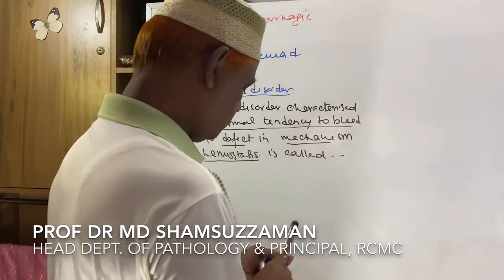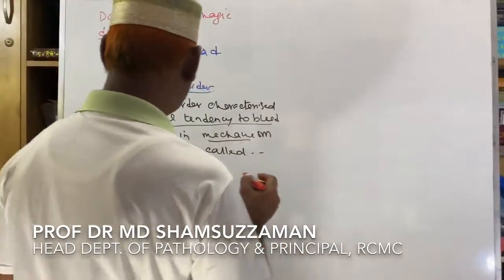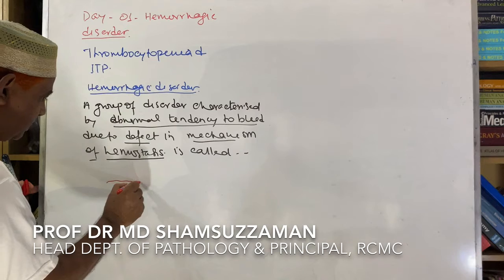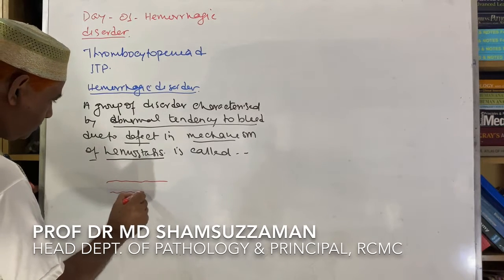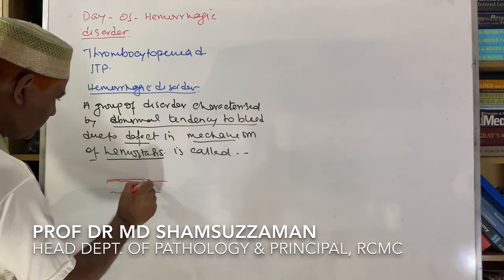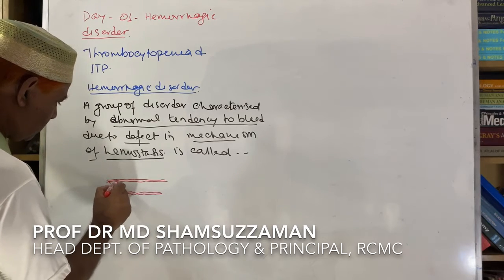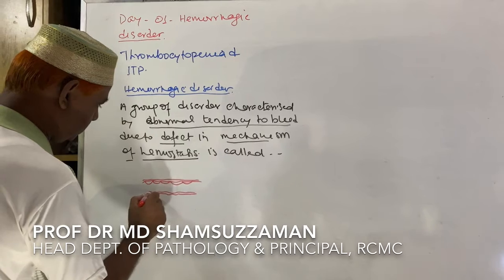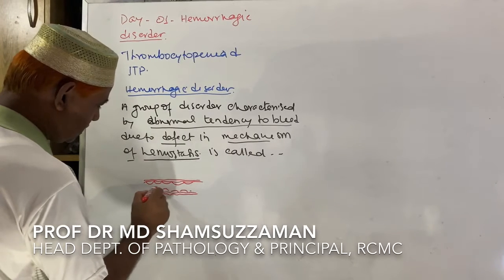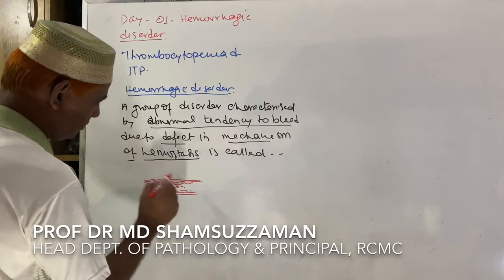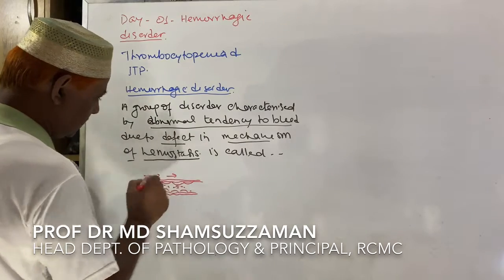Dear audience, this is a blood vessel. This is the wall of the blood vessel, composed of collagen fiber and elastic fiber. This is the endothelial lining. These are the form elements, and blood flows like this.